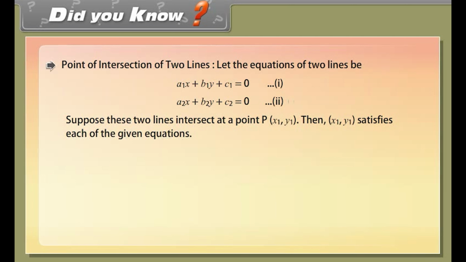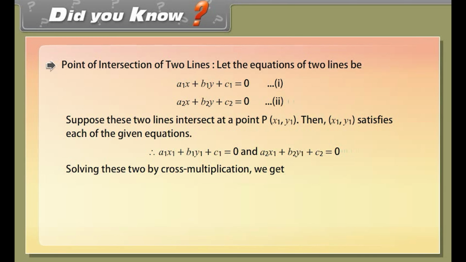Suppose these two lines intersect at a point P(x1, y1). Then x1, y1 satisfies each of the given equations. Therefore, a1x1 plus b1y1 plus c1 is equal to 0 and a2x1 plus b2y1 plus c2 is equal to 0.